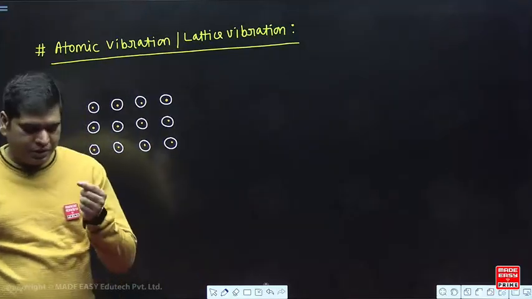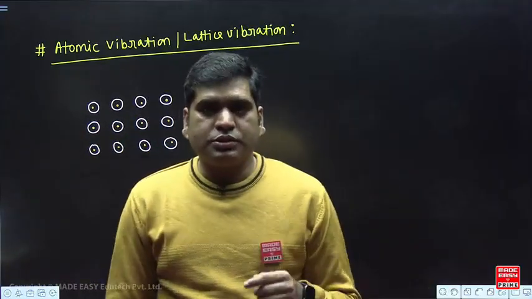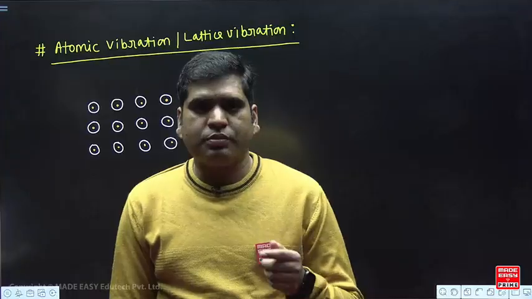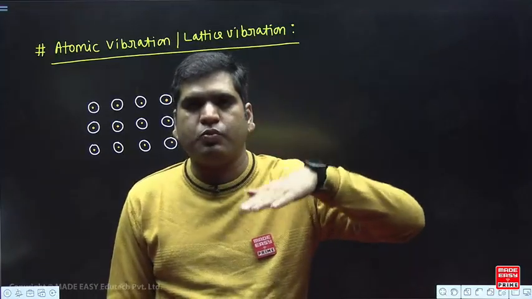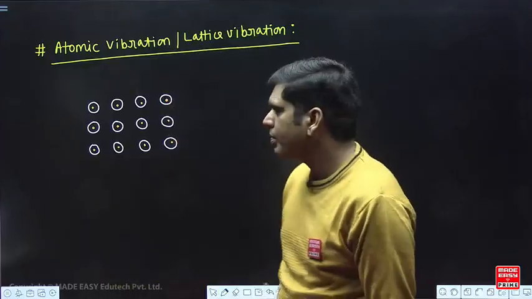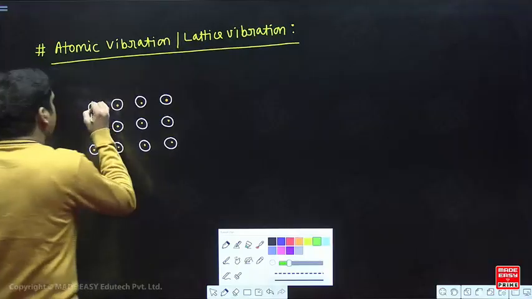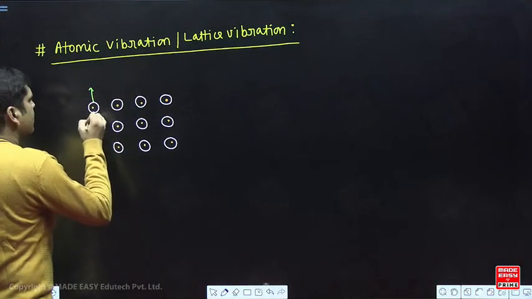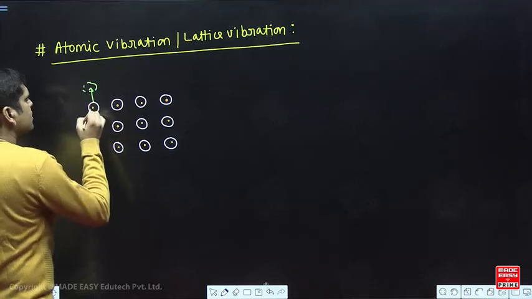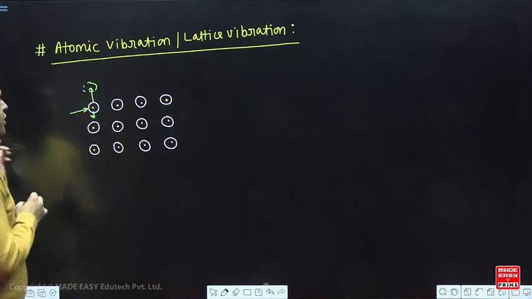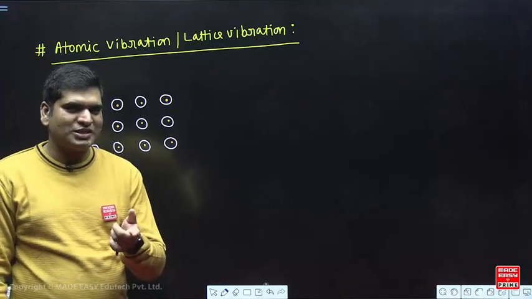But if we increase temperature, let us suppose we come to room temperature, then due to temperature there would be some thermal energy, and because of thermal energy these atoms start to vibrate around their mean position. This atom starts to vibrate like this, above and down. When this atom is going at this position, this lattice point is empty, and vacant atomic site is known as what?